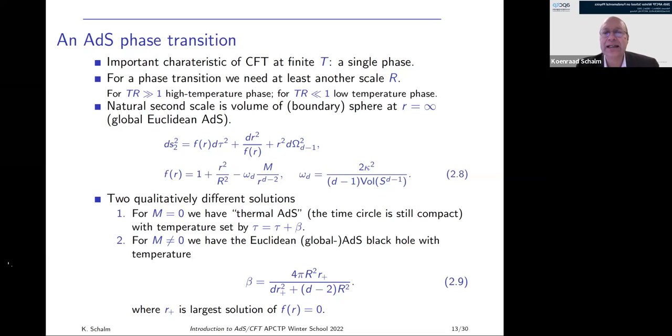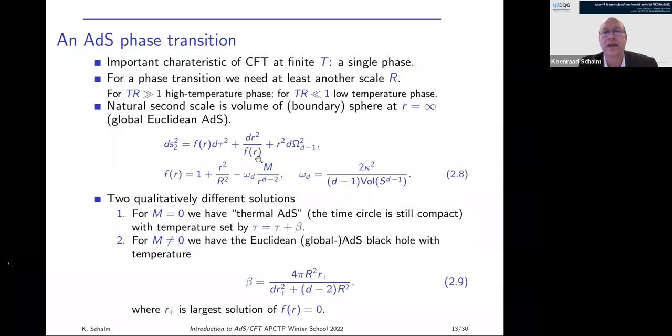So for that, remember we're studying this at finite temperature. For that, we need now the ADS Schwarzschild black hole, but not the ADS Schwarzschild black hole in Poincare coordinates that we had a moment ago, but we need the ADS black hole in the global coordinates. It's a slightly different solution because you have to take into account the contribution of the curvature of this sphere.